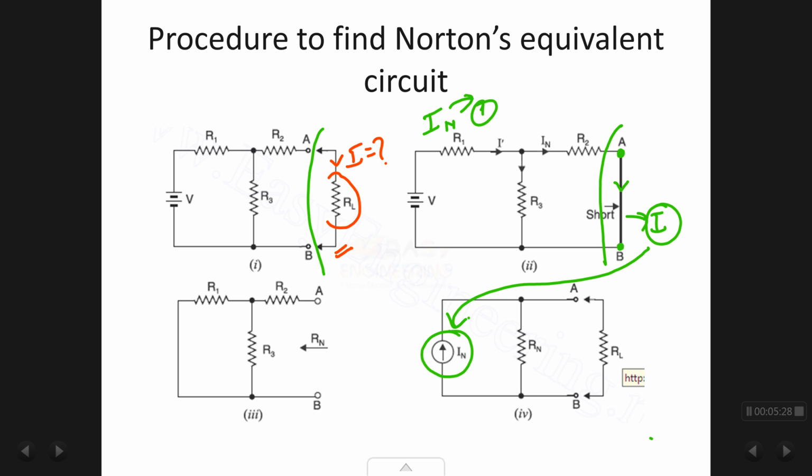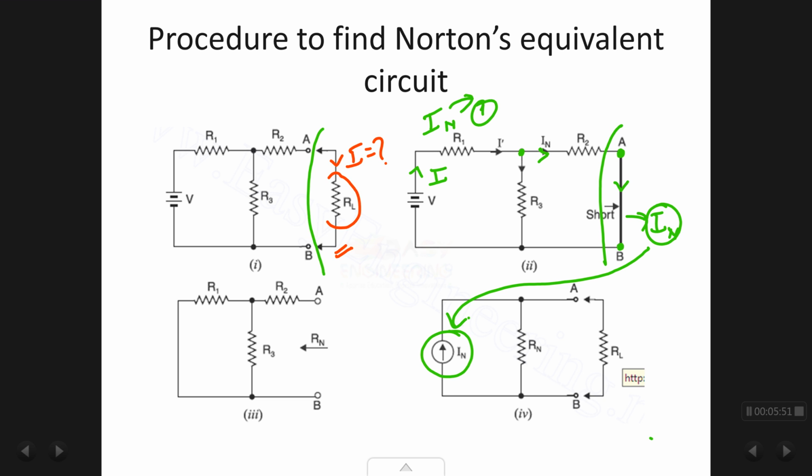To find this current, notice that IN is the current over here, and it is a part of the current coming from my source. If I look at this circuit 2, the current I is coming from the source to this junction.